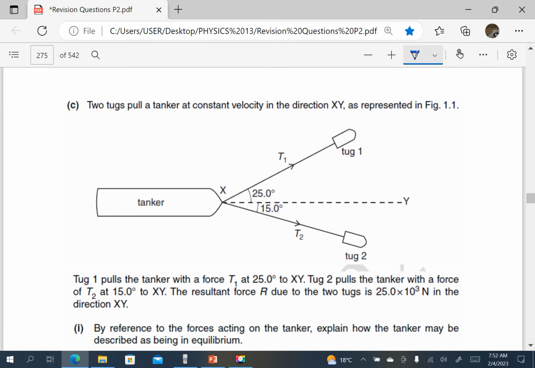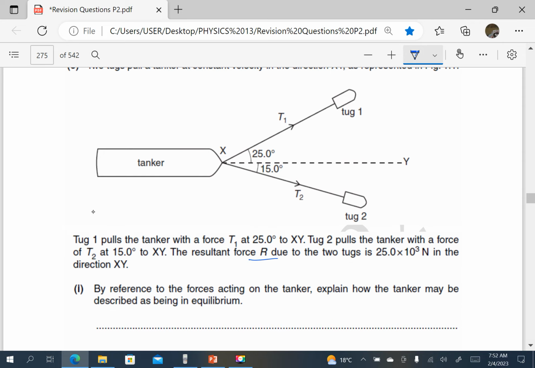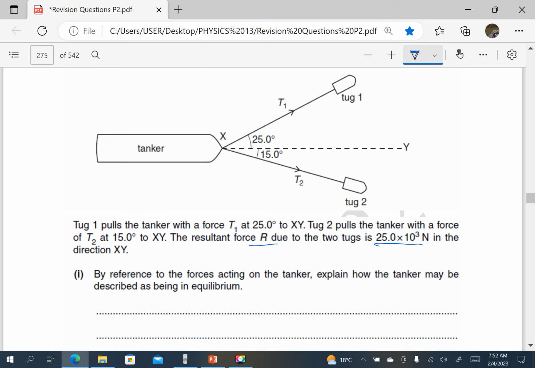Tug 1 pulls the tanker with a force T1 at that angle, and tug 2 pulls the tanker with a force T2 at that angle. The resultant force R due to the two tugs is 25 times 10 to the power 3 newtons in the direction XY.